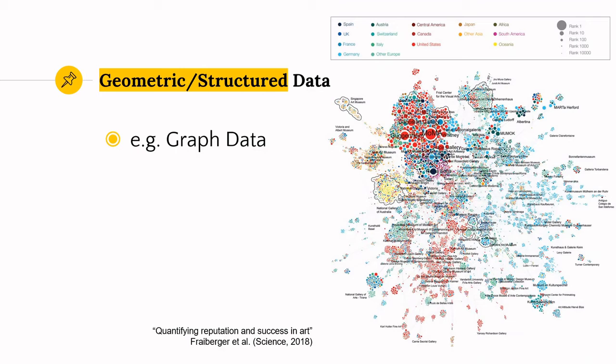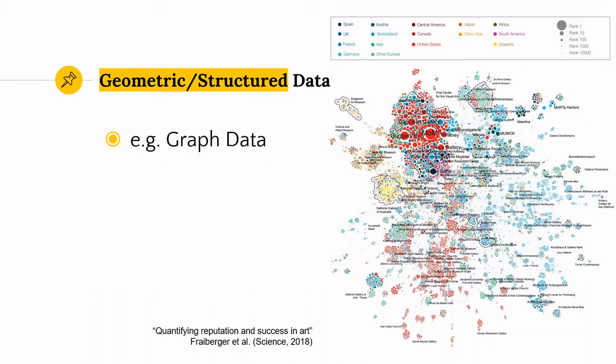So we can see Guggenheim Museum over here. We have MoMA over here. You can see the names of those famous museums and art galleries across the world, right? And then they connected this network of museums and art galleries in terms of the exhibition of different artists.